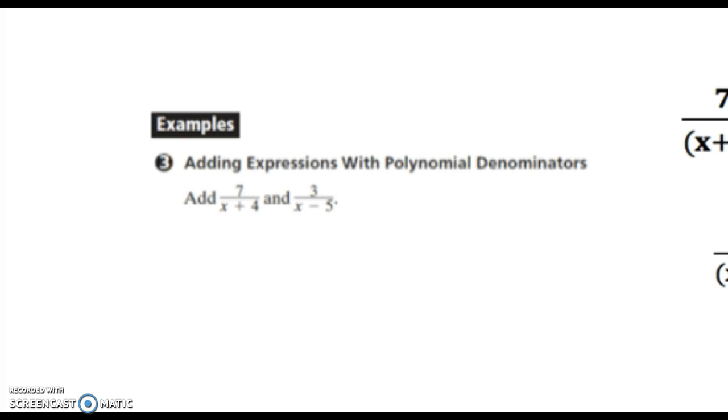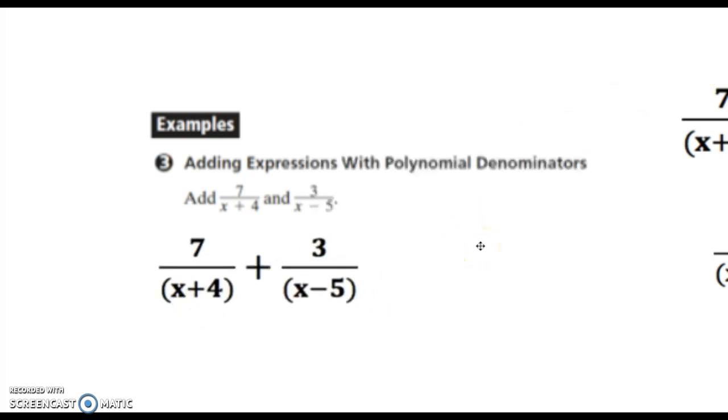So in our first problem, here's our expression, and we want to add them. So our least common denominator is going to be a combination of x plus 4 times x minus 5.